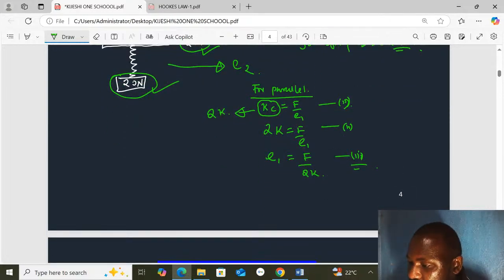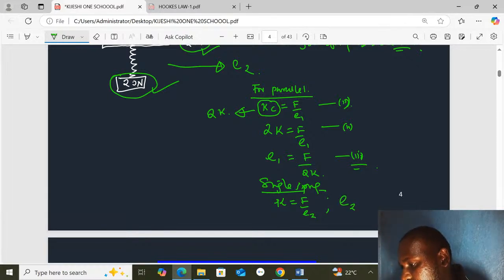Then for the single spring, K will be the same as force over E2. Making E2 the subject formula, it will be F over K. You can call this one equation 4.